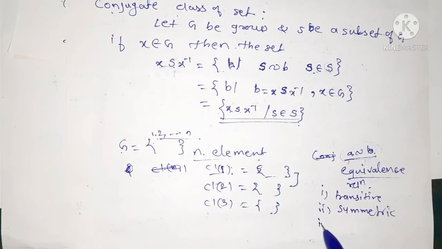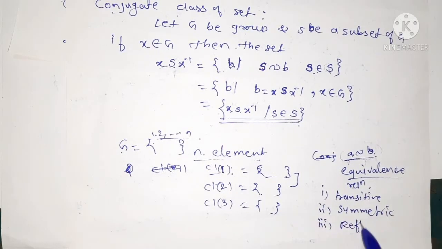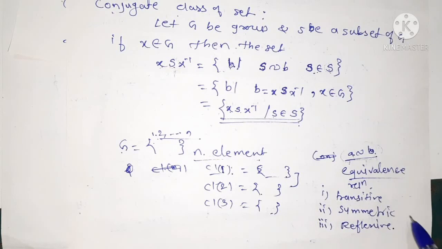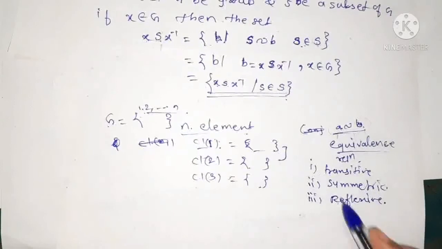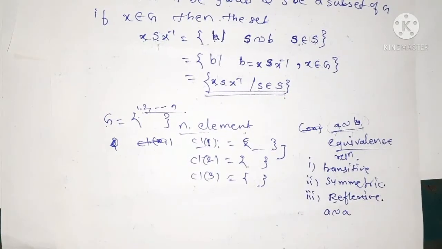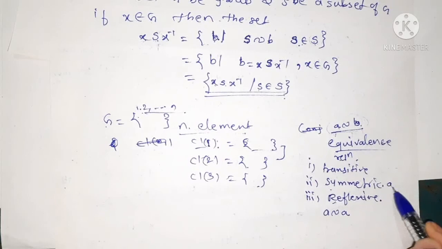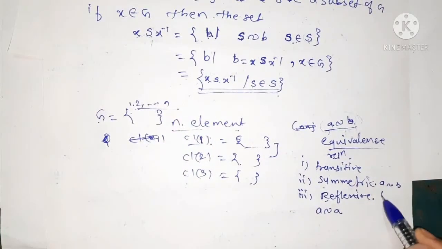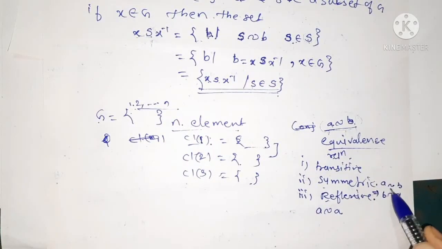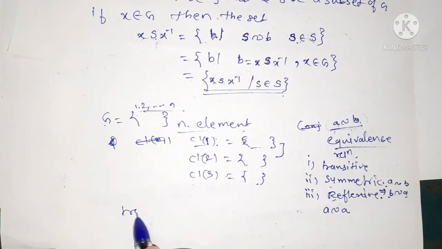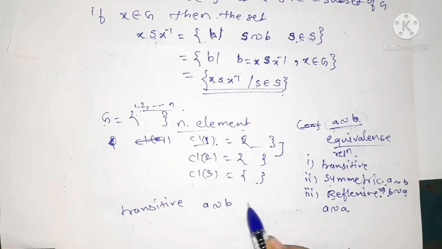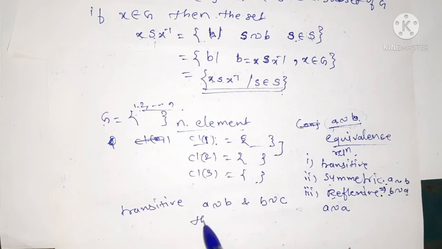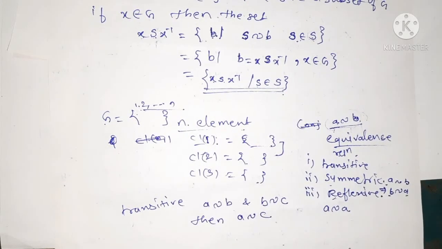It is reflexive, symmetric and transitive. Reflexive means A is equivalent to A. The symmetric property says that when A is equivalent to B, this implies B is equivalent to A. And transitive is nothing but: when A is equivalent to B and B is equivalent to C, then A is equivalent to C.